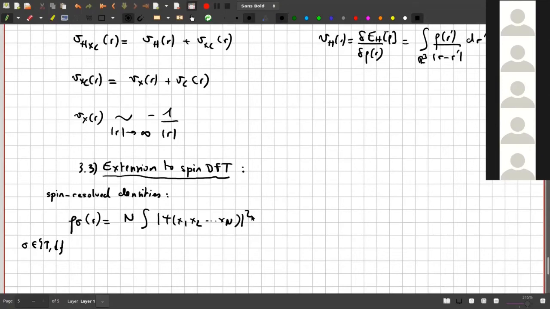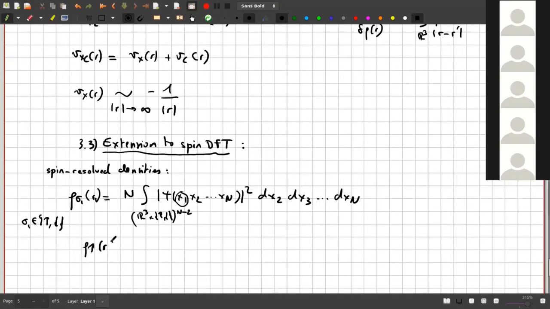But now I don't integrate over the spin of the first, that will be sigma 1 and r1. Okay, because that's the spin of x1. And I integrate simply over x2, x3 until xN. Okay, so over r times spin, and I do that N minus 2 times. So I have two spin-resolved densities. Of course, I have rho up of r and rho down of r.